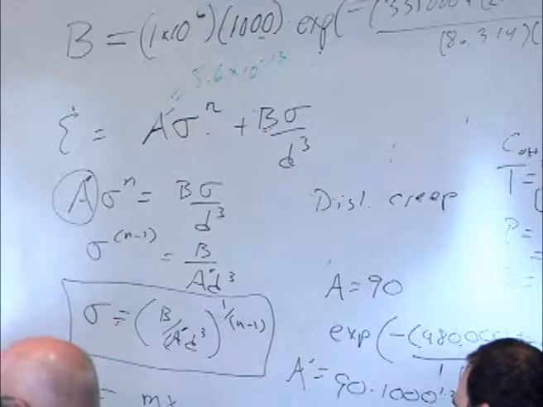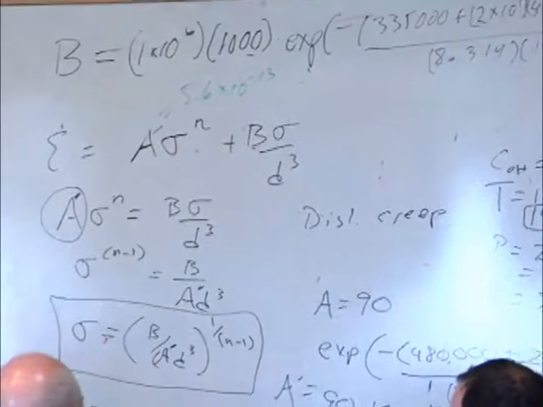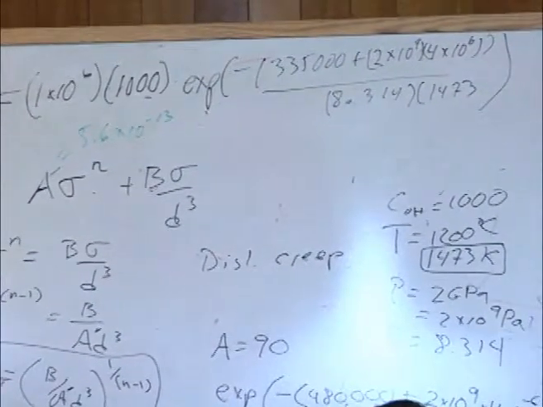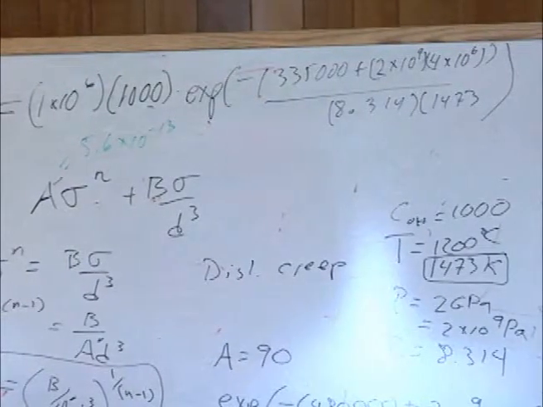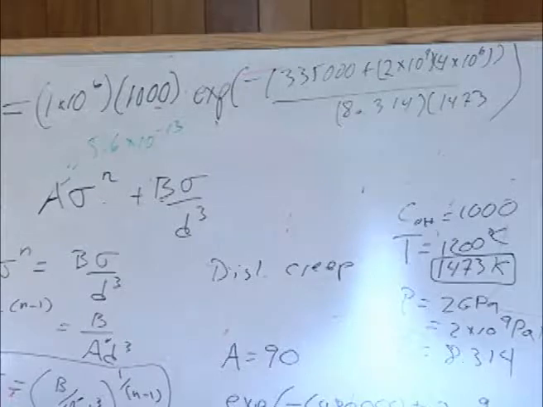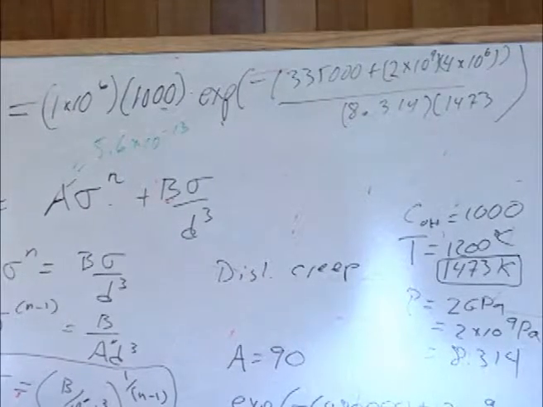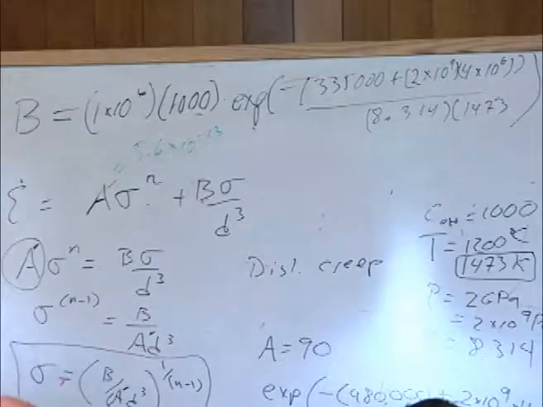All right, so B is 1 times 10 to the 6 times 1,000 times exponential of... So who got B is equal to 6.8 times 10 to the minus 4?